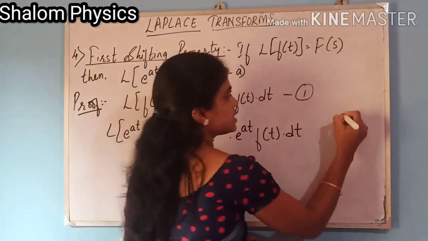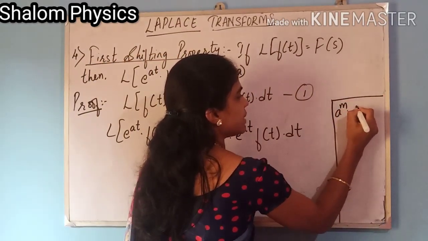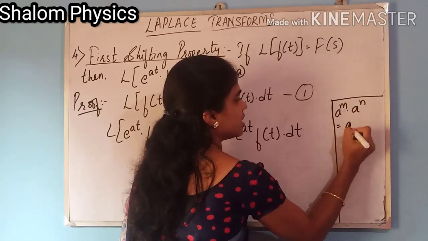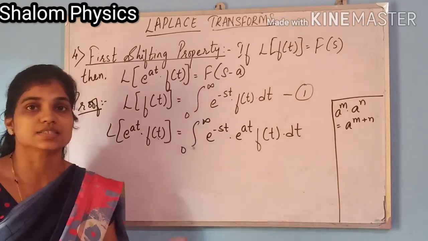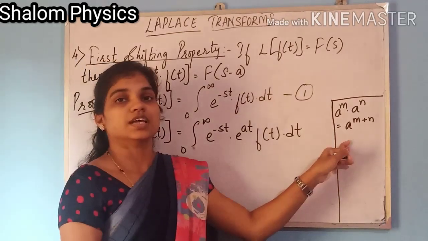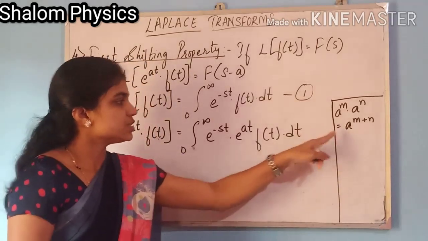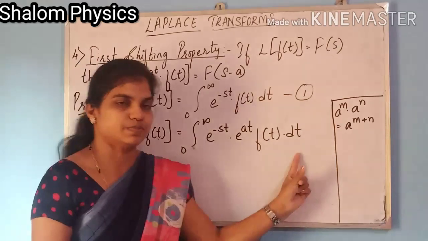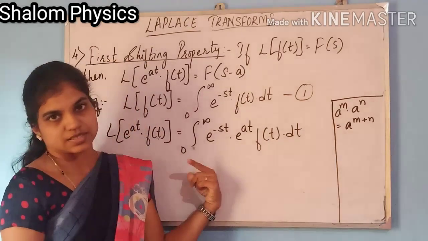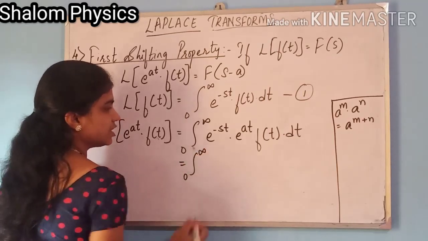That means if we have a raised to m into a raised to n, it is equal to a raised to m plus n. The same thing I am going to apply here to simplify this expression so that I can integrate it.